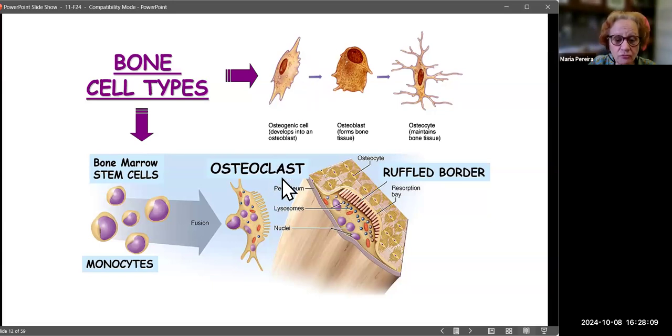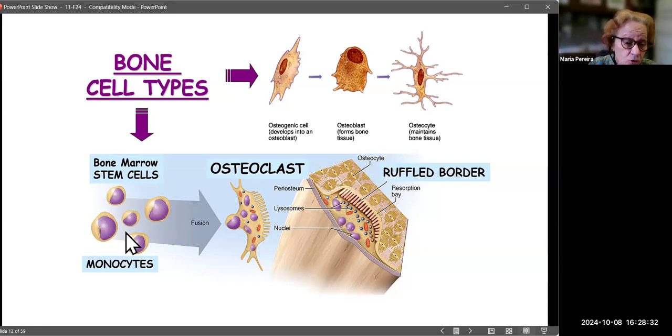So you have these two very different cells or lineages of cells. These osteoblasts make the bone tissue by producing osteoid that eventually will become calcified, and their origin is in the mesenchyma. And then you have the osteoclasts. They start as monocytes.